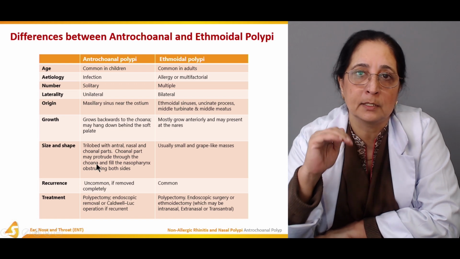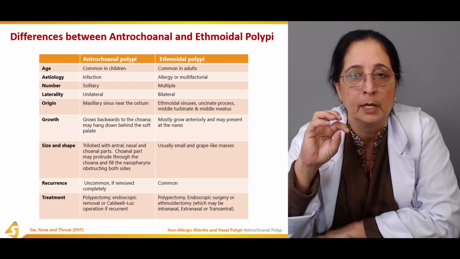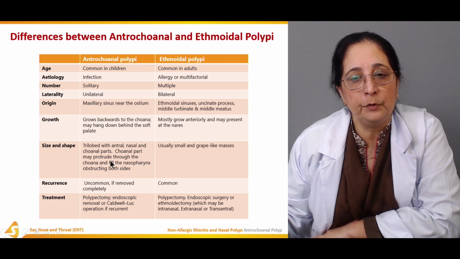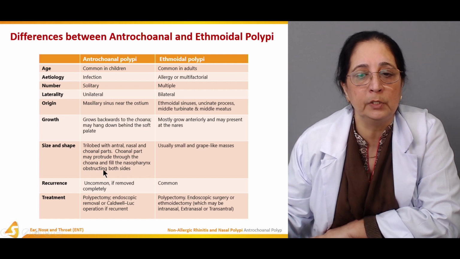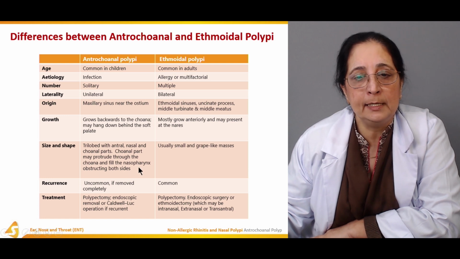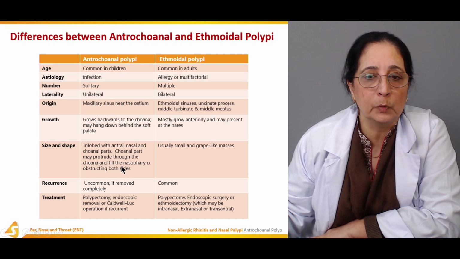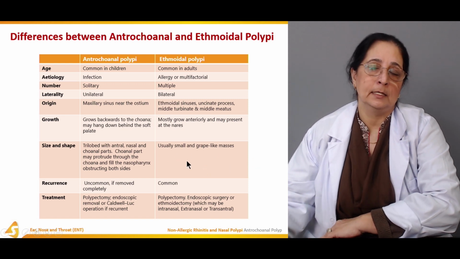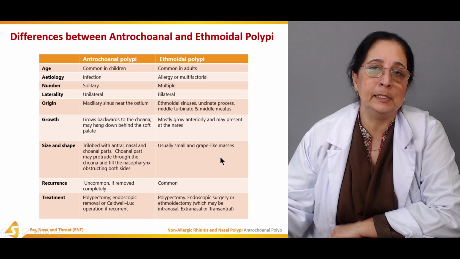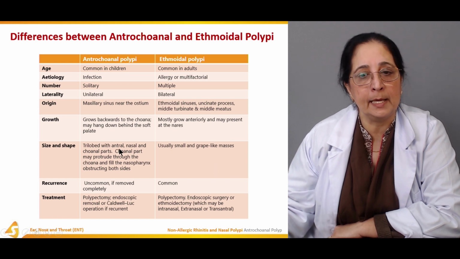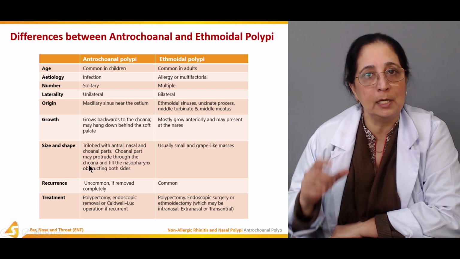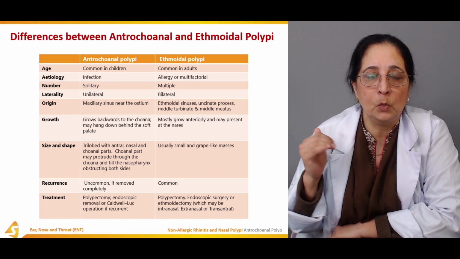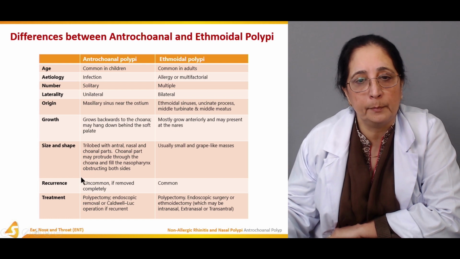The choanal part may protrude through the choana and fill the nasopharynx, obstructing both sides. Ethmoidal polyps are usually small, grape-like masses, because they are multiple. Antrochoanal is tri-lobed and solitary, with an antral lobe, a nasal part and a choanal part.